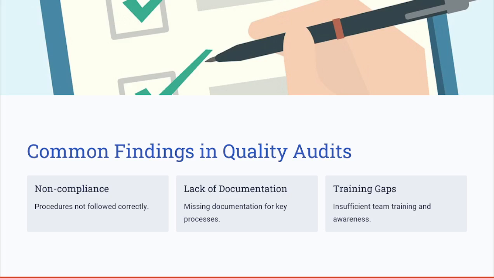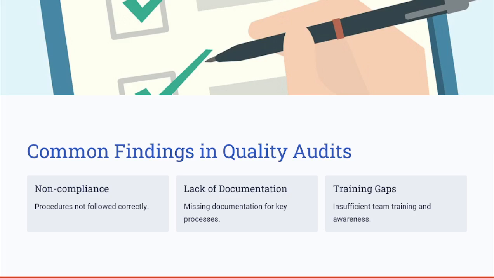And here are the common findings in quality audits. So, common audit findings often include non-compliance issues, missing documentation, and gaps in training. So, addressing these issues helps improve the overall project performance. These are the common findings that an audit team might find at a project.